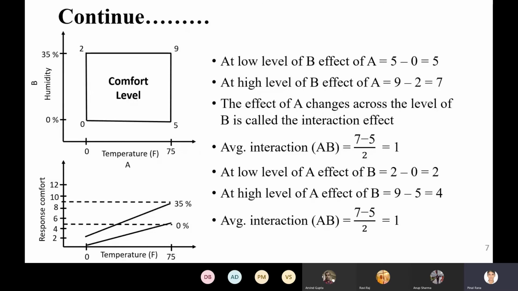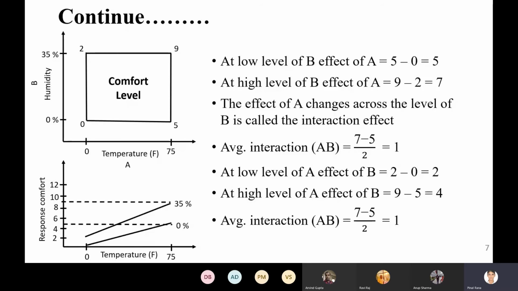In the given case, the interaction effect can be calculated in two different ways. The first way is by calculating the effect of B on A, or by calculating the effect of A on B. In order to show the comparison, I have shown both methods.